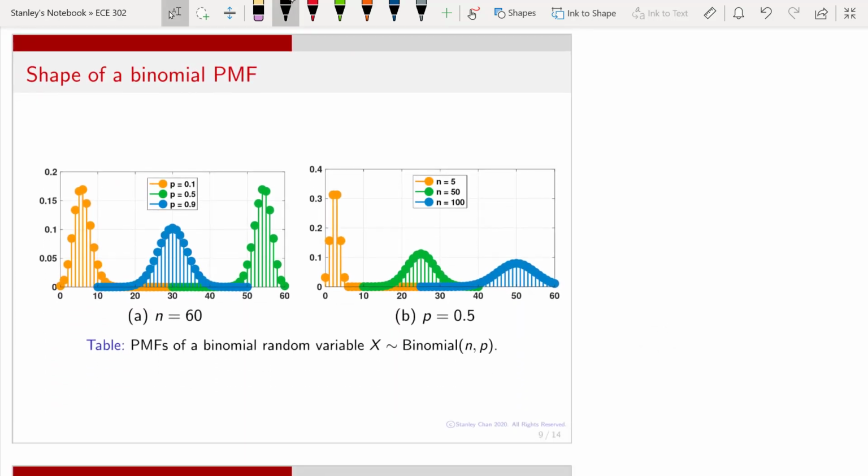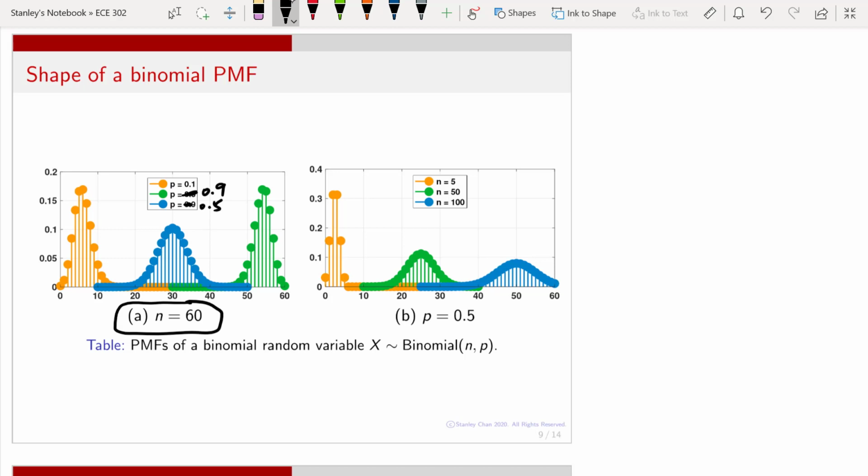The shape of a binomial probability mass function is as follows. As I said, since you have 2 parameters, you really need to plot 2 different sets of curves. The first set of curves is where we assume that you have a fixed number of n's, and then we play around with this probability p. This should be 0.9, and this should be 0.5.